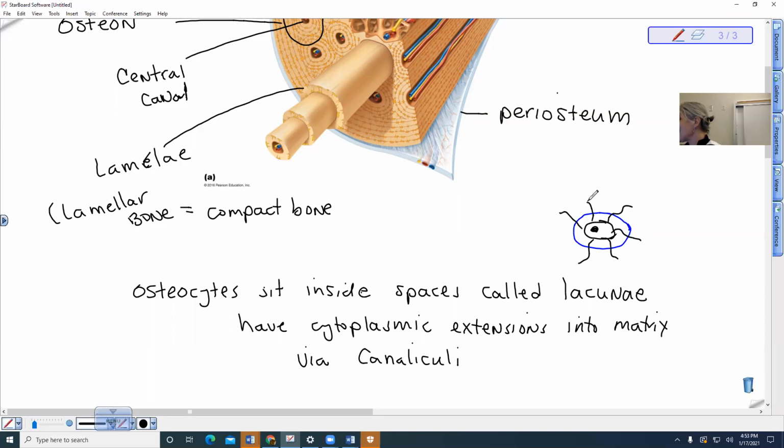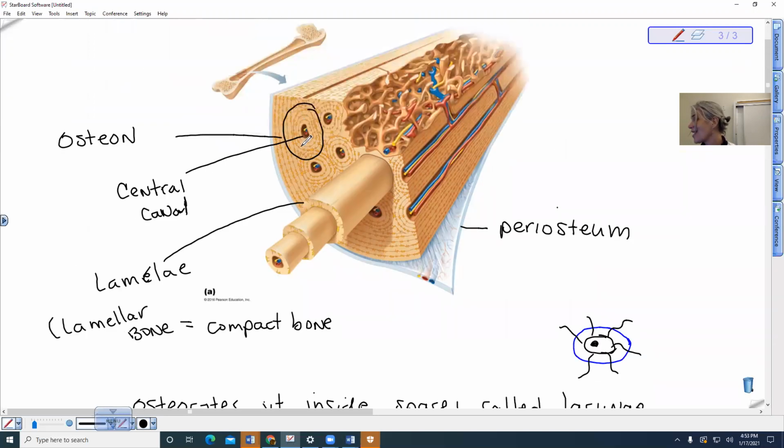And they lay down the matrix. And so these living cells inside of your bone, they are located there. And all of this anatomy, this histology, this microscopic anatomy allows for the bone to be living tissue to break down matrix, to rebuild matrix, and to get nutrients and get rid of waste. Your bone can rebuild itself, and it does rebuild itself throughout your life.